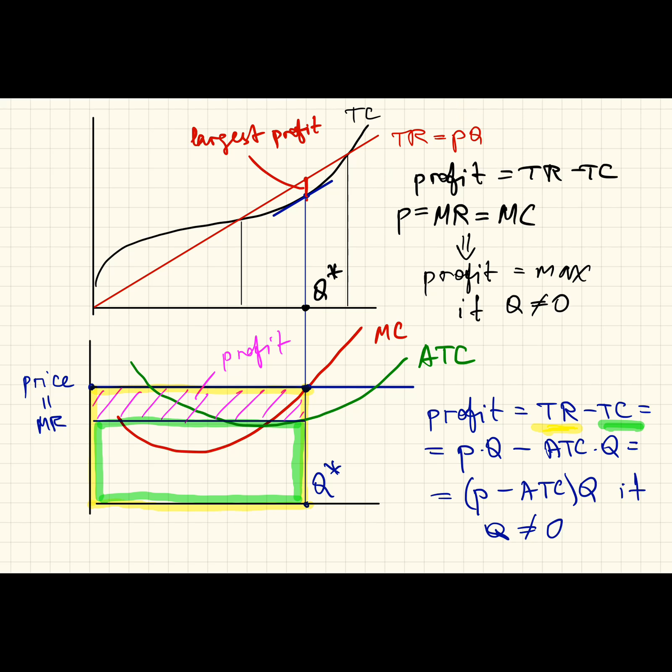And total revenue minus total cost, in other words, this area minus this area leaves us with this area for profit. So here we go. Let's just put a few more marks here. So the yellow tells us what total revenue is, and the green tells us what total cost is, and I already marked profit here.